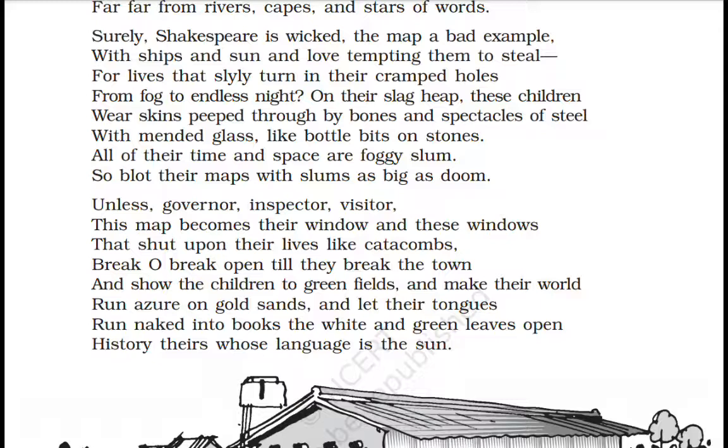Right now for them, the map is what they see outside their slum classroom, but the map which is hanging on the wall can become a reality if these governors, these inspectors, these visitors come forward to help these poor children. And these windows that shut upon their lives like catacombs.